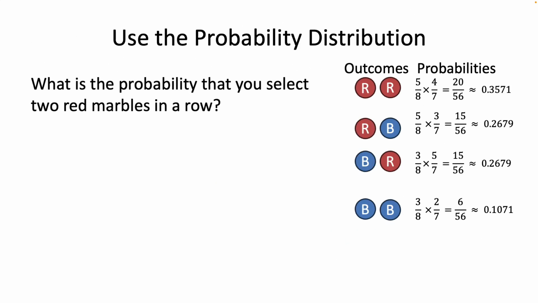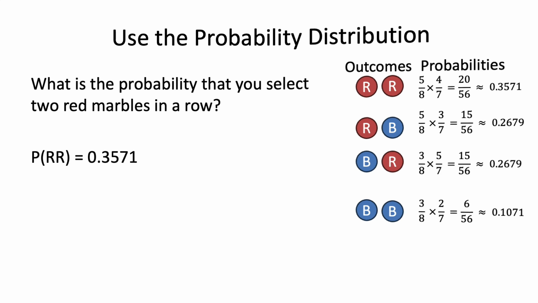Let's find the probability you select 2 red marbles in a row. Once we have the probability distribution, it's done all of the heavy lifting for us. So all I need to do is find the scenario that fit this problem. For this one, the probability we select 2 red marbles in a row, that's the first one. So the probability we get red is 0.3571.